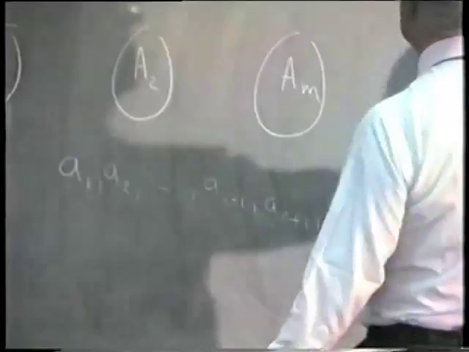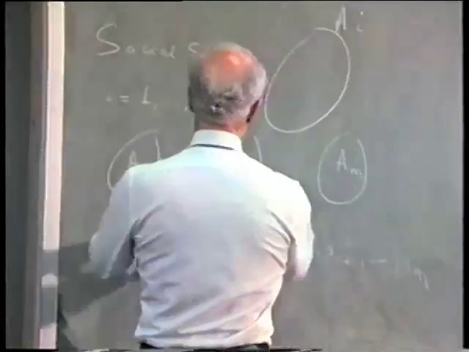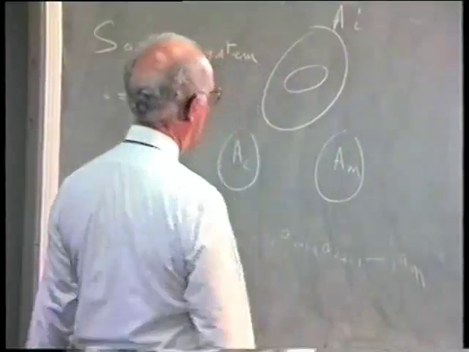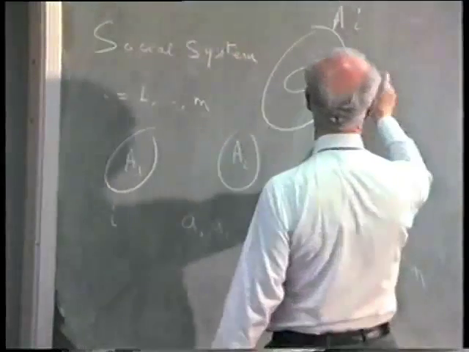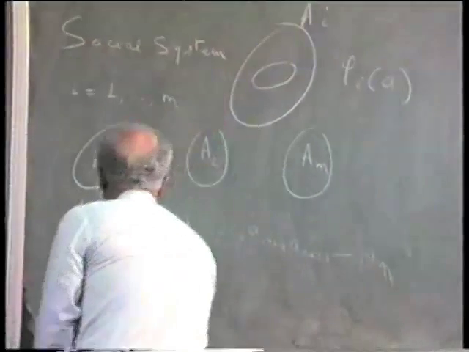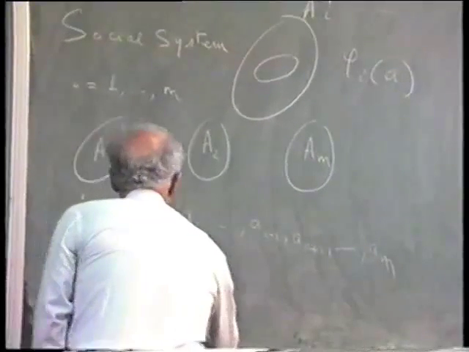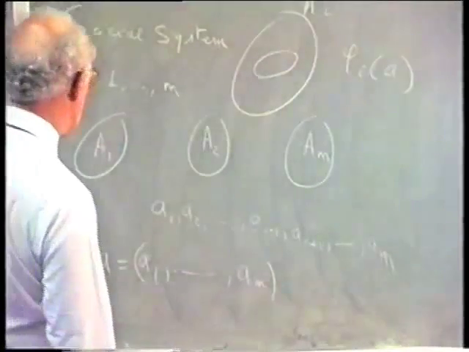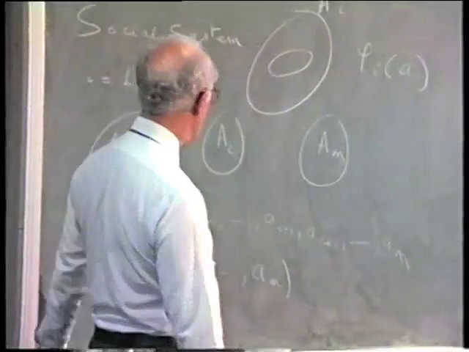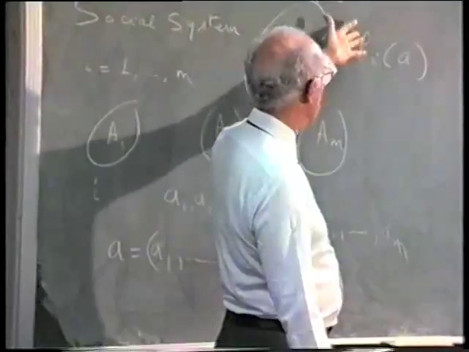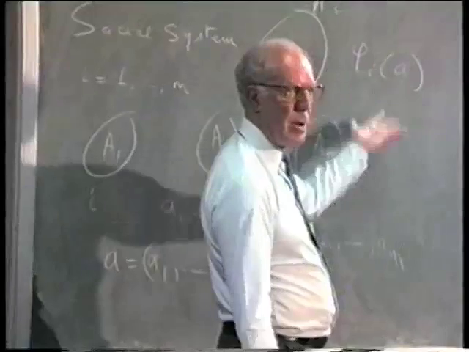So if you take here separately the set A_i, given all these actions, you are now restricted to a subset of A_i, which we are going to call phi_i of A. And by A, I mean the entire list of actions. It may seem bizarre to include the action of the agent itself, but formally it is a simplification. We simply require that phi_i does not depend on A sub i.